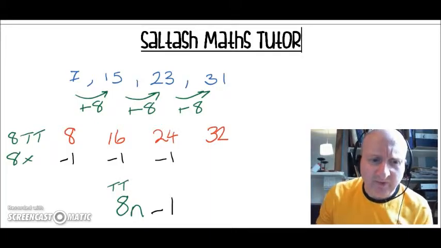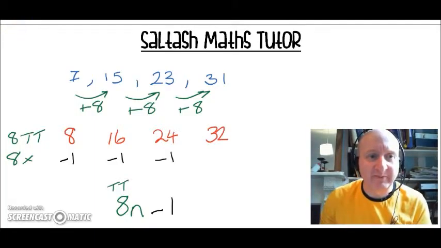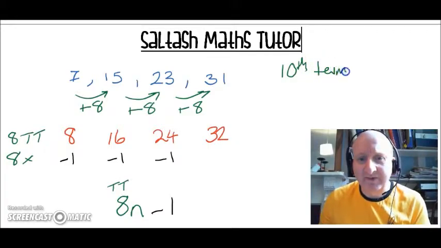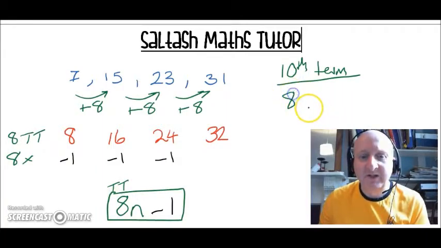And look, I'll tell you what I'll introduce here is you may be asked in the exam or the question paper, well, now you've worked out the nth term, what's, I don't know, the 10th term in the sequence? Well, all I do here is I use my nth term equation, and I go, well, easy, the number I want is the 10th term.